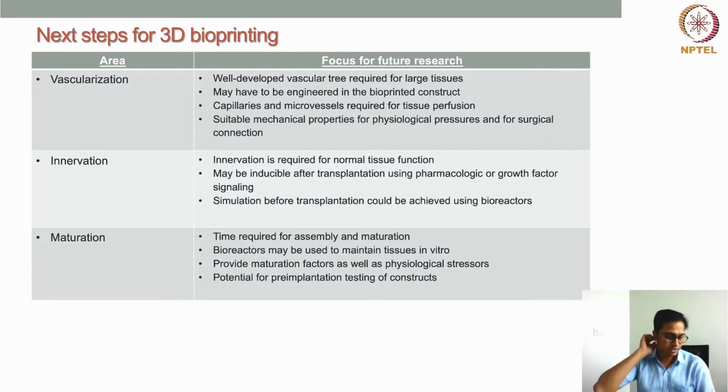Different sizes and ranges are possible, and we have also earlier discussed the different tissue structures that were there.